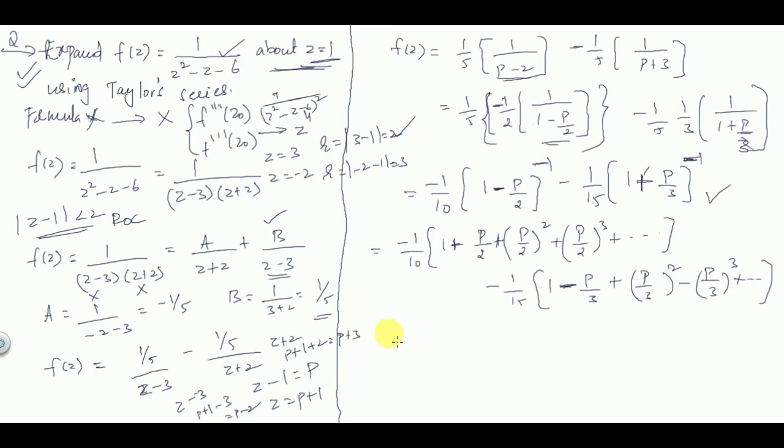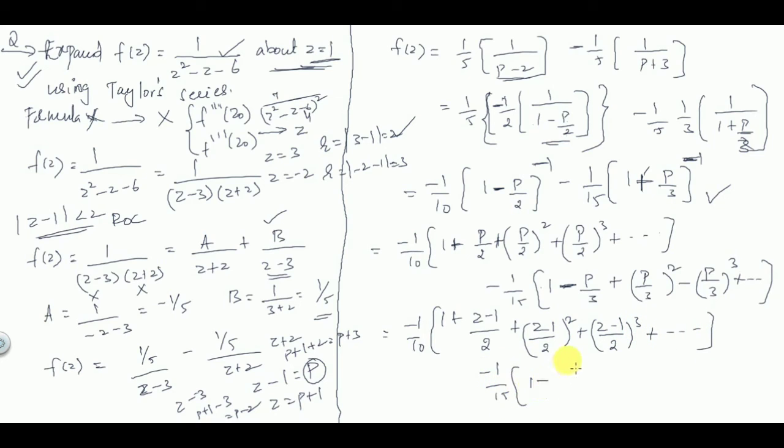Now what is p? p is equal to z minus 1. Substituting that, minus 1 by 10 into 1 plus (z minus 1) by 2 plus ((z minus 1) by 2) whole square plus ((z minus 1) by 2) whole cube plus so on, minus 1 by 15 into 1 minus (z minus 1) by 3 plus ((z minus 1) by 3) whole square minus ((z minus 1) by 3) whole cube plus so on.